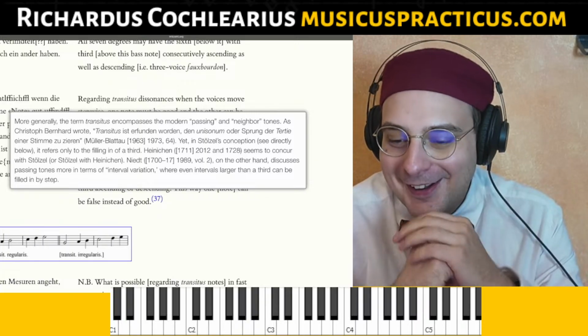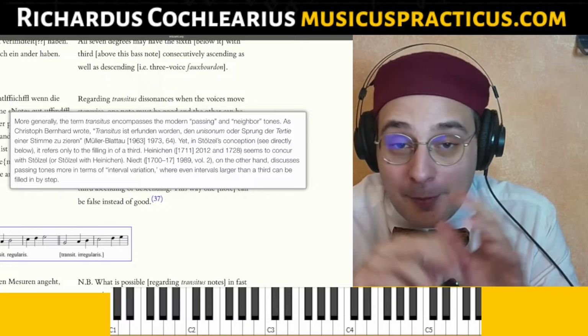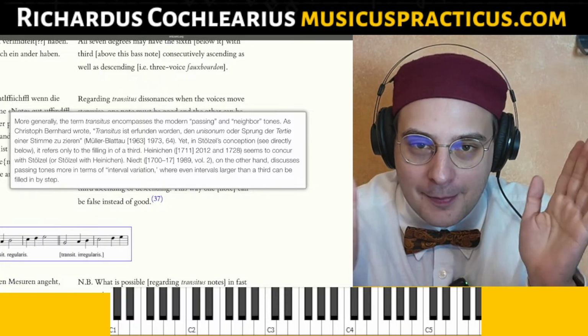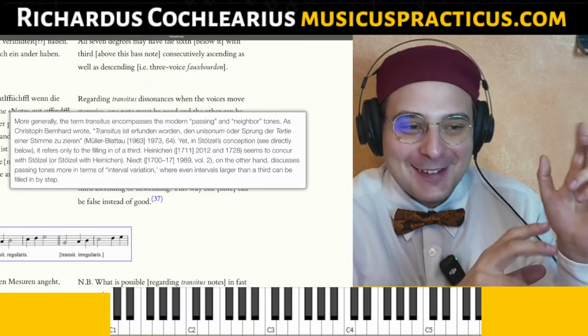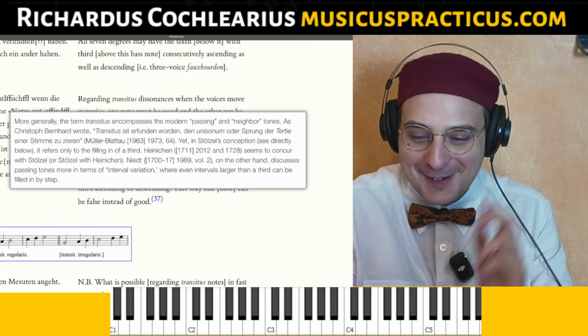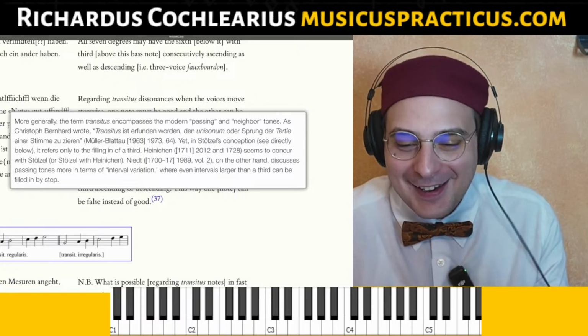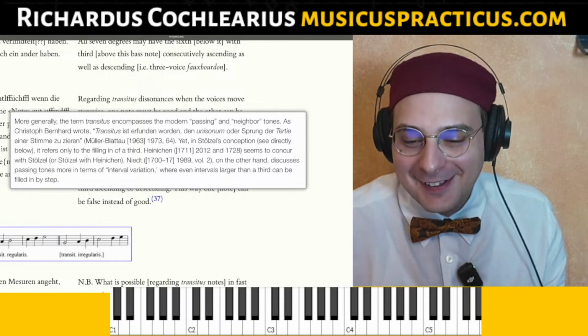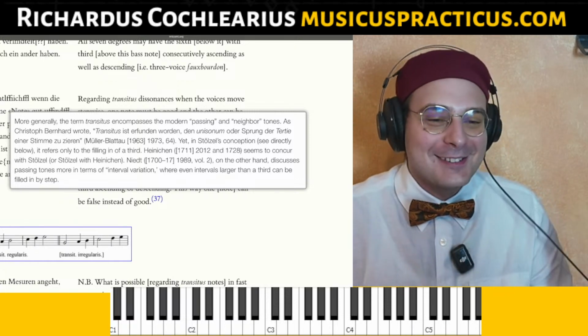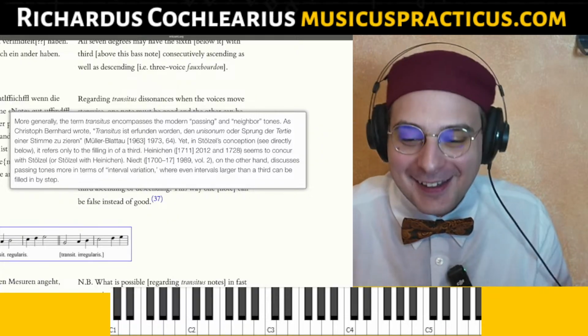This is the principle. Maometto is the Italian word for Mohammed. There is an Italian saying: if Mohammed doesn't go to the mountain, the mountain goes to Mohammed. Here, if Heineken doesn't agree with Stölzel, Stölzel agrees with Heineken.